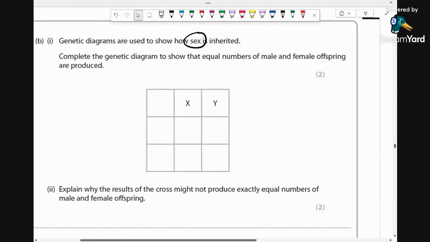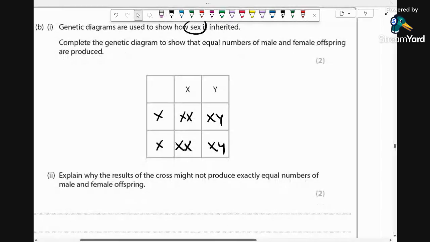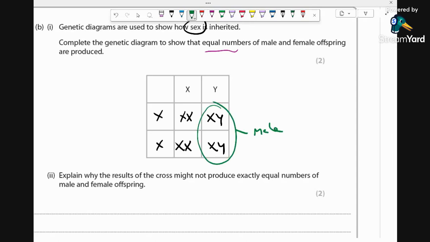Well, those are the gametes for the male, so the female must give X and X. So it's X, X, X, Y, X, X, X, Y. And we want to show that equal numbers are here. So what I might then do in an exam is just to highlight that and go, they are male, and then maybe highlight those and go female, just to be super clear.